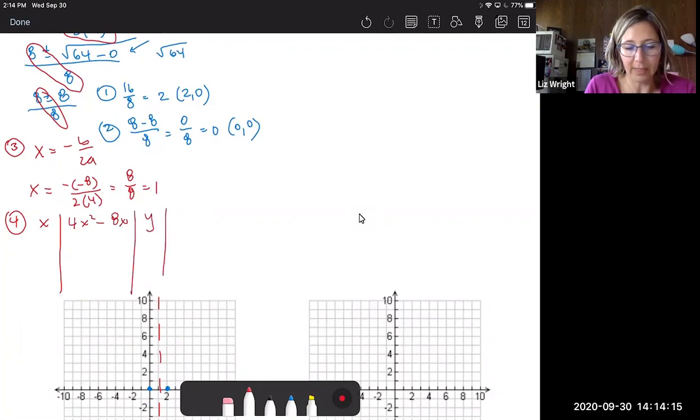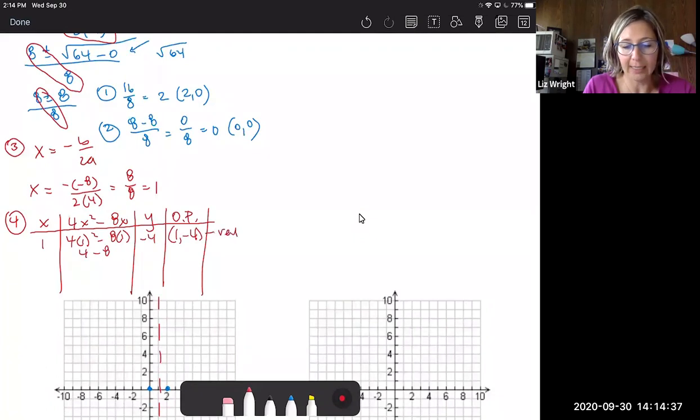So if we did something like this and then the ordered pair, just like what we were doing with linear, we can totally do it here too. So x equals 1. So then we're going to do 4 times 1 squared minus 8 times 1. So this is going to be 4 minus 8, which is negative 4. So then my ordered pair is going to be 1, negative 4. And this is also my vertex because it came from this right here of x equals 1. This is also the x value of the vertex, and also the axis of symmetry.